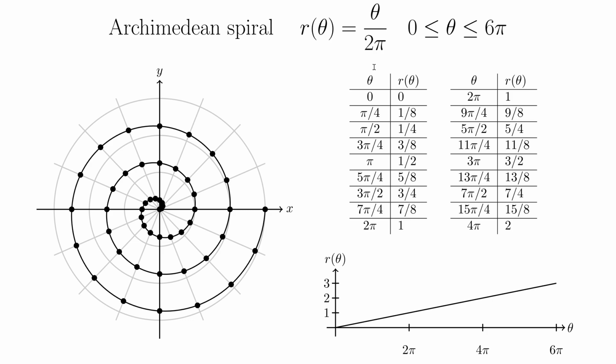So if theta starts at 0, then you have 0 for r of theta. If theta is 2 pi, then r of theta is 2 pi over 2 pi, which is 1. But if theta is 4 pi, so you've gone around twice now, then 4 pi over 2 pi is 2. And so every time you make one revolution, you increase the radius of the spiral by 1. Here you can kind of see that.